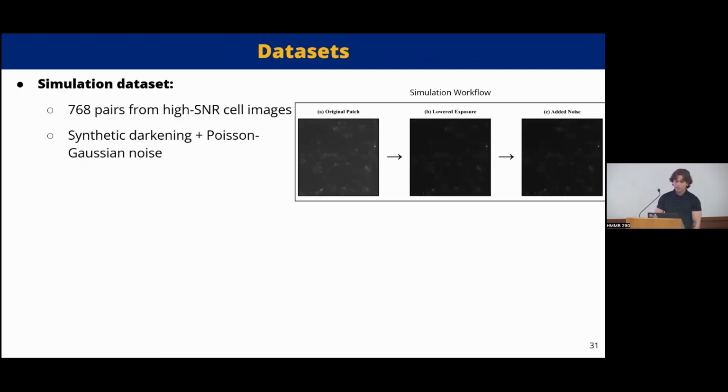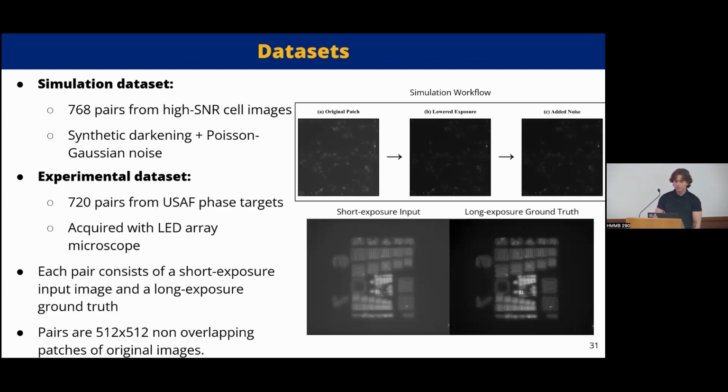For this study, we used two datasets. Our simulation dataset consisted of 768 pairs of images from high SNR cell images. These images were darkened synthetically and corrupted with noise in order to mimic real-life short exposure conditions.